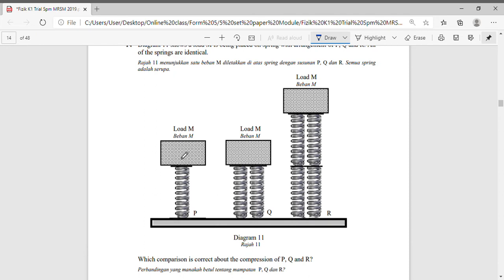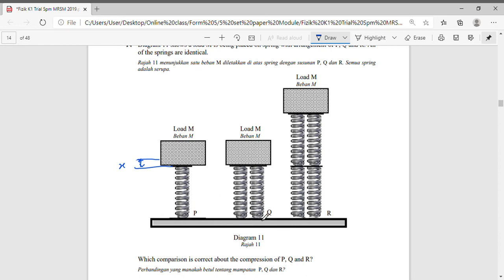When we put a load on top of the spring, of course, the spring was longer before. This one is not extension, this one is compression. The length of the spring is reduced. Let's say the length reduced is x.